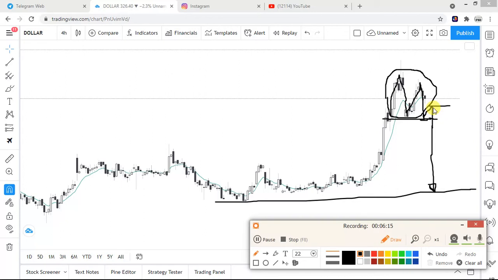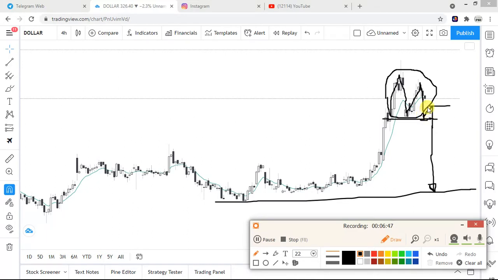Before making an entry, you should wait for the market to show you, by candlestick formation, maybe a doji. You should see any kind of candlestick that shows there will be a bearish reversal here, and around here there will be a bearish flag.